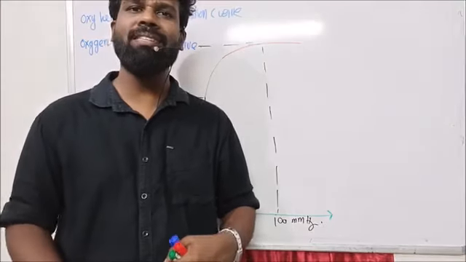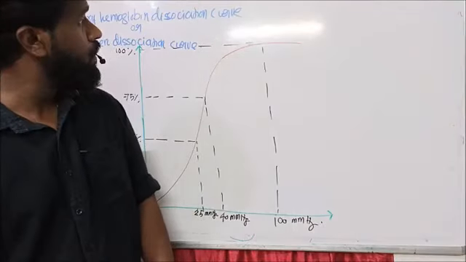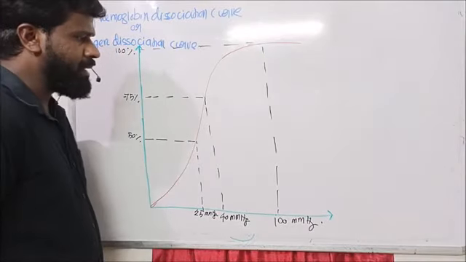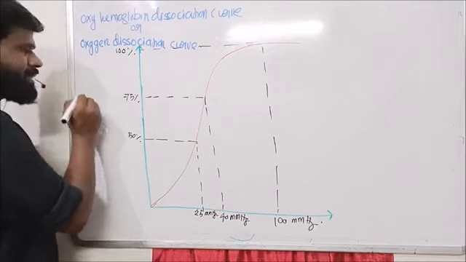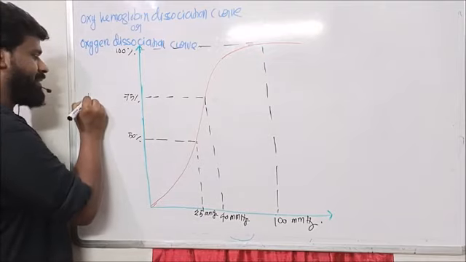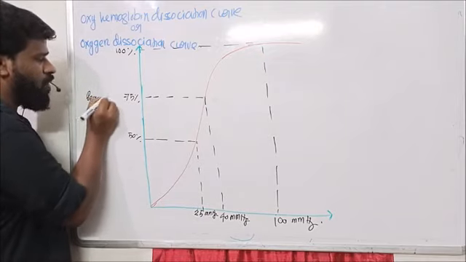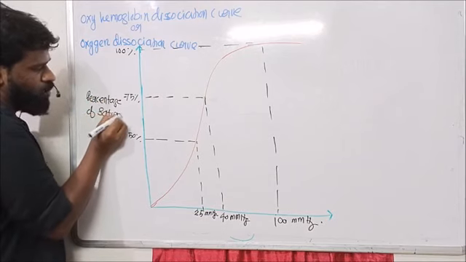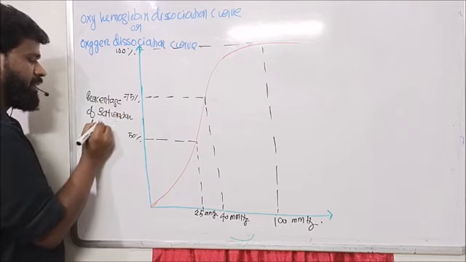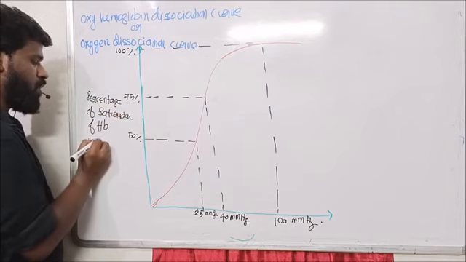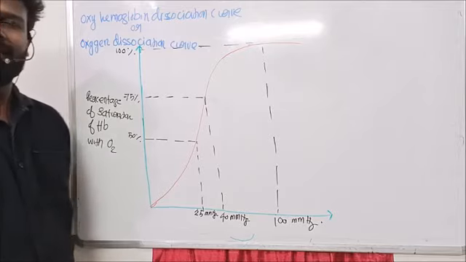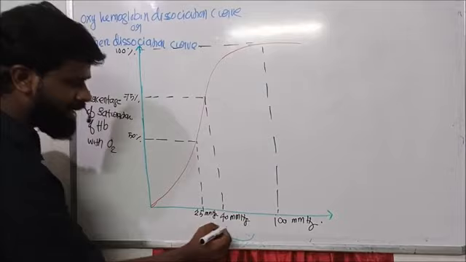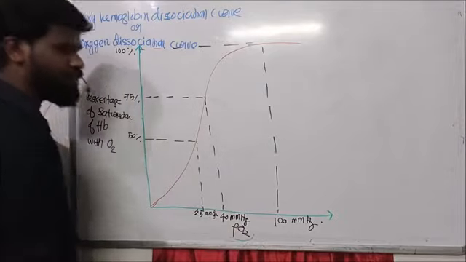Next is the oxygen dissociation curve, or oxyhemoglobin dissociation curve. This curve shows the relation between the percentage of saturation of hemoglobin with oxygen and the partial pressure of oxygen.